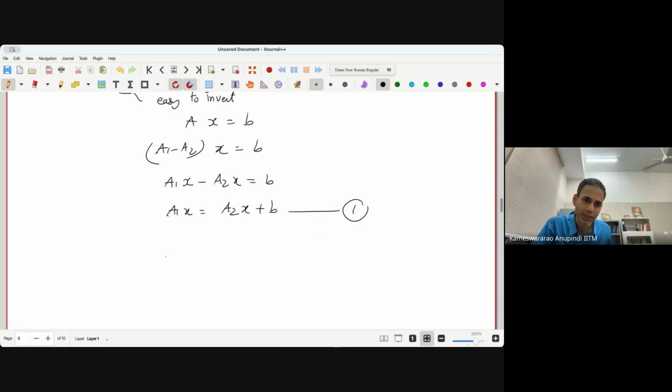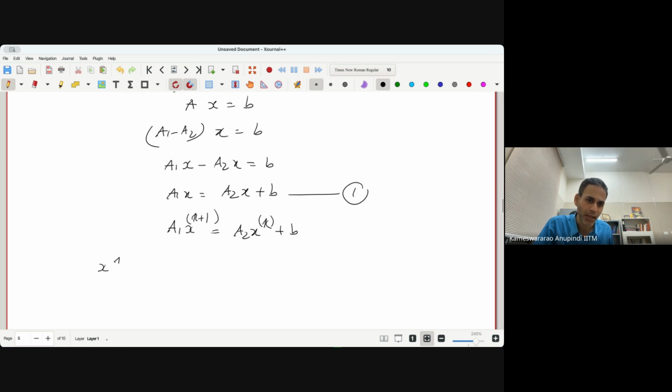Now the general philosophy is that we plug in some known or guess value on the right hand side, and we obtain a new value on the left hand side. Here xk is a guess value.